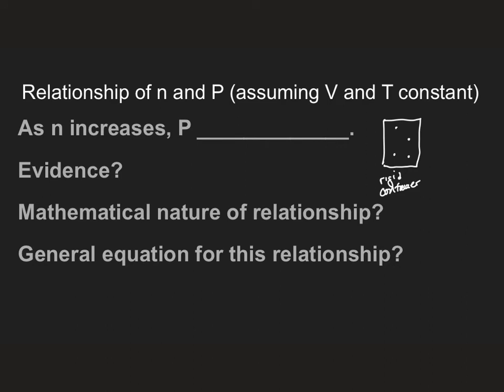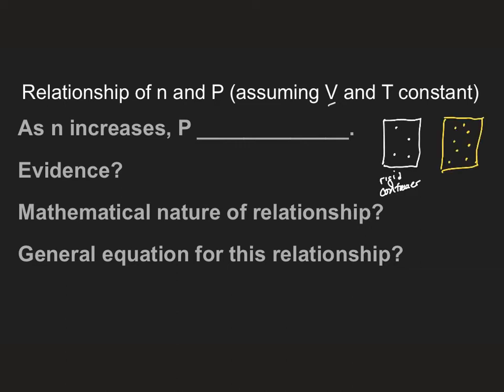Now, if we take a look at what happens with moles and pressure, assuming volume and temperature are constant, again, a rigid container is probably best to consider because the volume will not be changing. I'm going to ignore any change in the particle motion. Here's a container that has some number of particles in it.